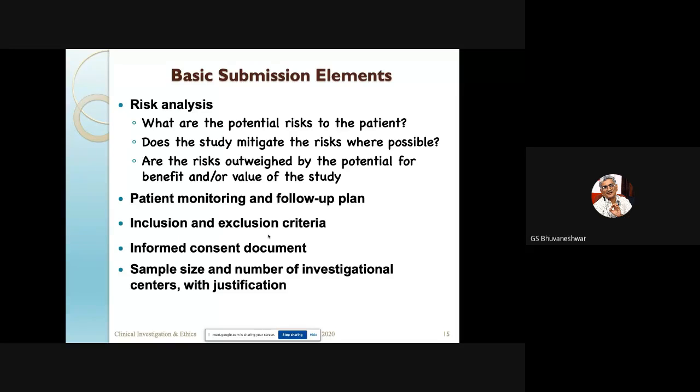If your inclusion criteria is very tight, then when you really finally go for a manufacturing license, the regulator may insist that your device is approved only for use in that small subset of population. So please remember that the inclusion criteria will also define how your license is provided and the patient group in whom the device will be approved for use.